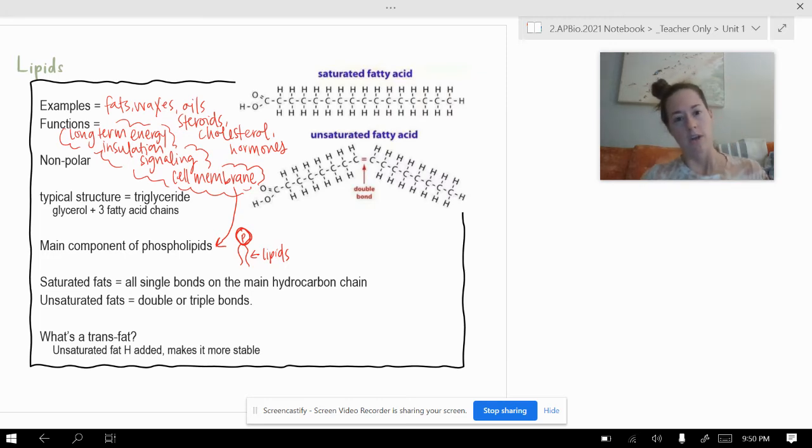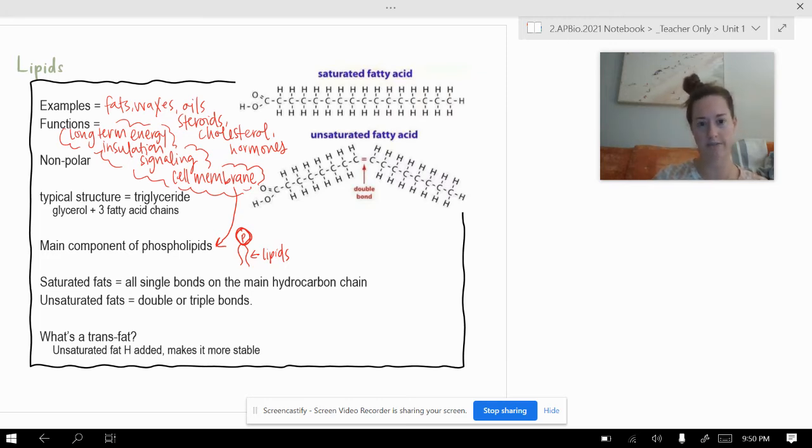Okay, coming back around to saturated and unsaturated fats. So in a saturated fat, all of the bonds are going to be single bonds. And what happens is that causes the fat to not branch at all, which means the different fatty acid chains can stack up one on top of the other and pack really, really close together, which makes them a solid at room temperature because they're more tightly packed.